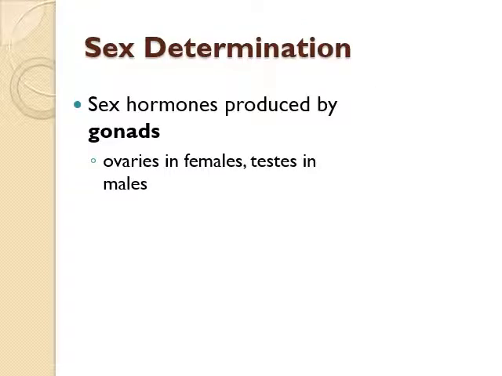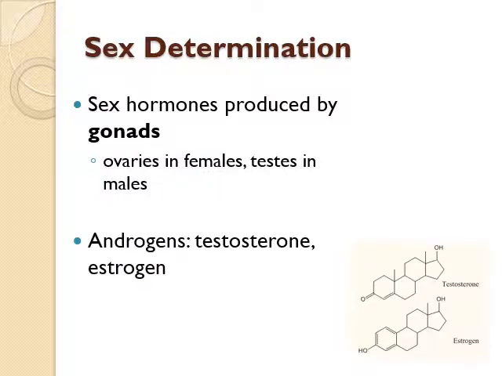Okay, sex determination. And please keep in mind when we're talking about sex determination and biological sex, we're strictly talking about biological sex. We're not talking about gender. A lot of things can go into gender, and it's coming out more and more with more research, but we are strictly talking about biological sex. Okay. So we have sex hormones that are produced by our gonads. If you're a female, you have ovaries. If you're a male, you have testes.